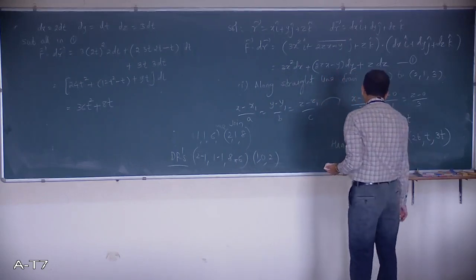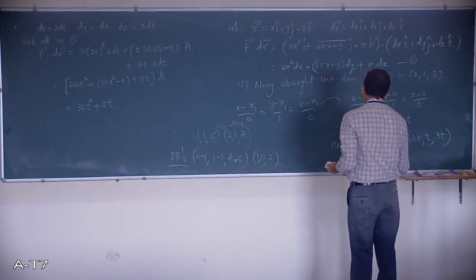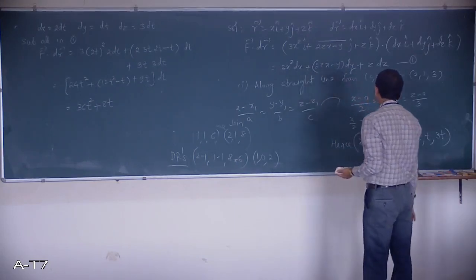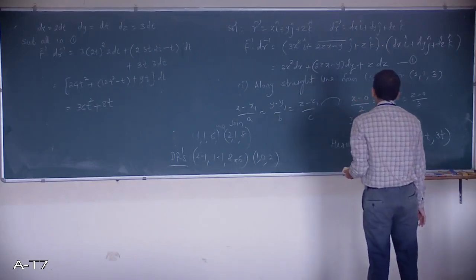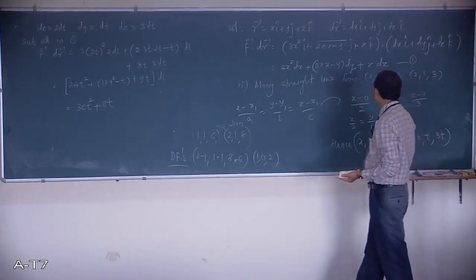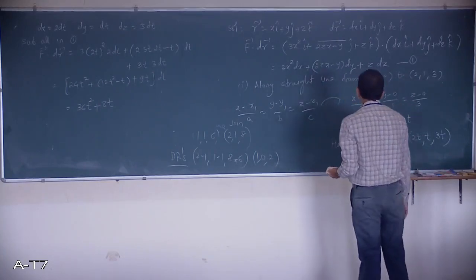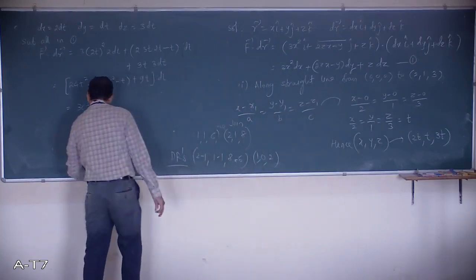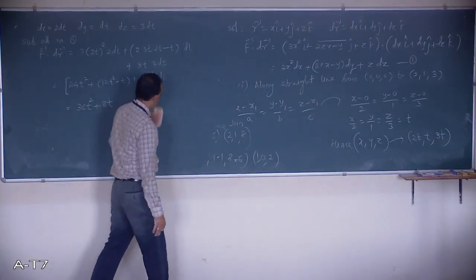Now coming to the integration, as I told, our point is 0, 0, 0 to 2, 1, 3. Note what should be t, so that x will be going from 0, y from 0, z from 0 to x is 2, y is 1 and z is 3, and it is very easy to see that t has to go from 0 to 1.